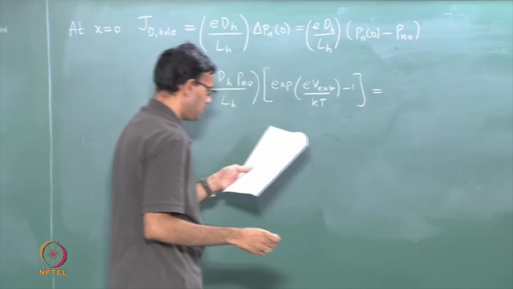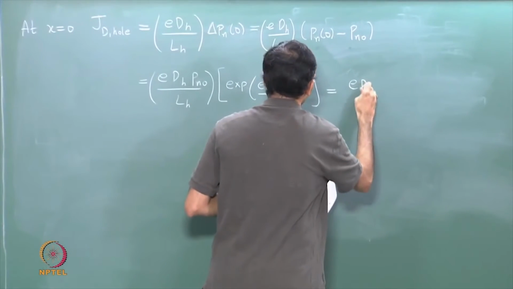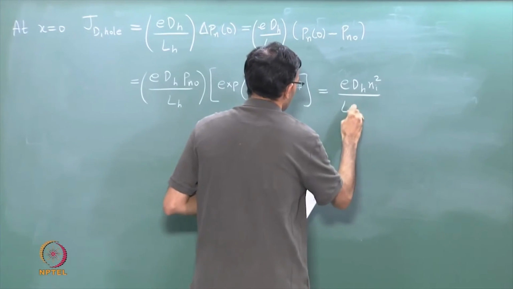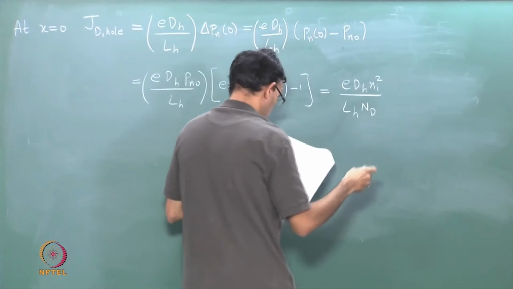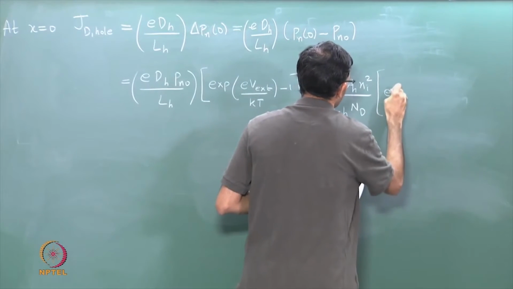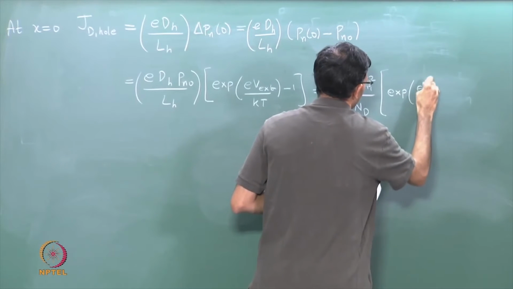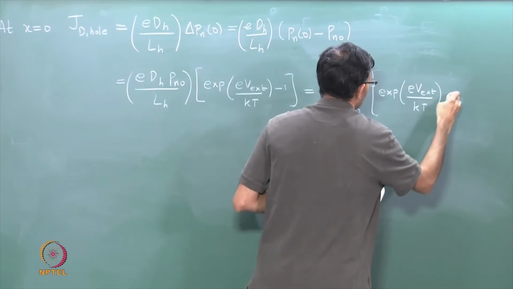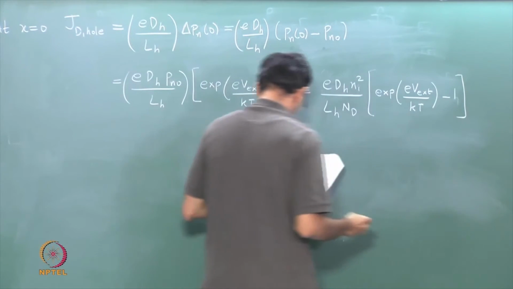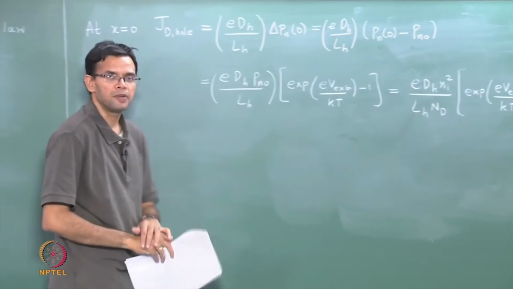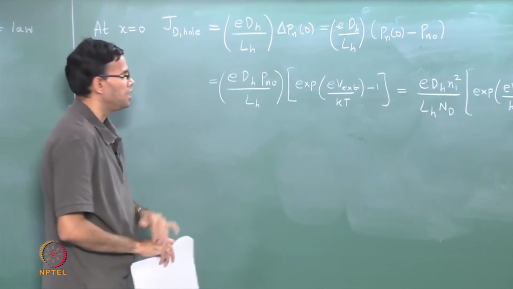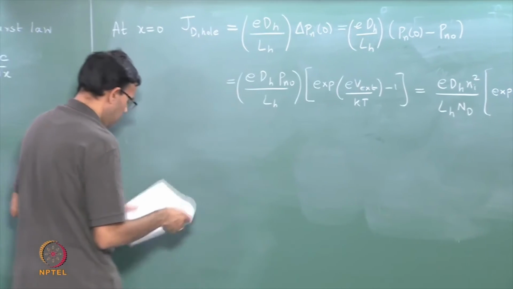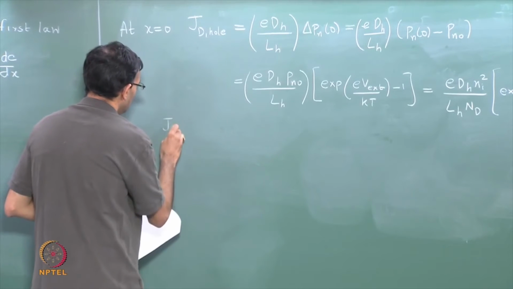This expression becomes E DH Ni square over LH Nd, exponential EV external over KT minus 1. You can write a similar expression for the current due to the electrons, and we said that the total current should be a constant. So if we add these two, let me just write the current due to the electrons.